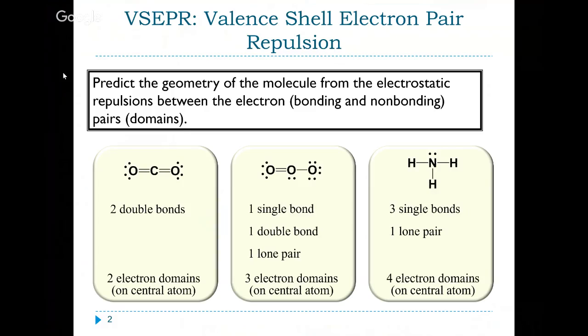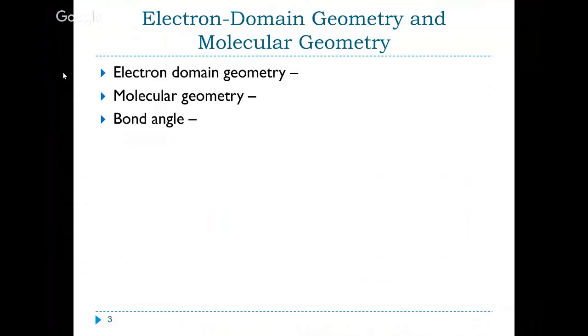So what we're going to do is look at our Lewis structures once we've drawn those correctly and simply count the number of atoms around the central atom and the number of lone pairs, and that will tell you your electron domains. From there, you can determine your molecular geometry. Electron domain geometry takes into account all of the electrons on the central atom, whether they're bonded or non-bonded, lone pairs or connections to other atoms.